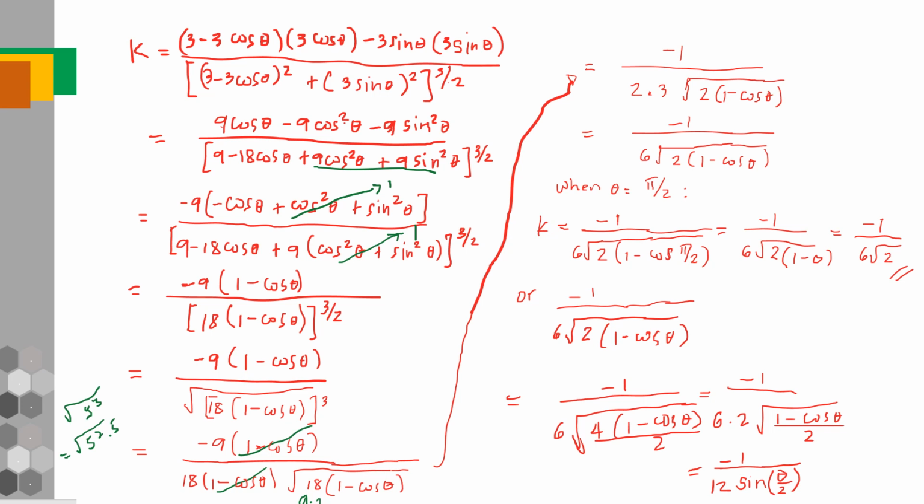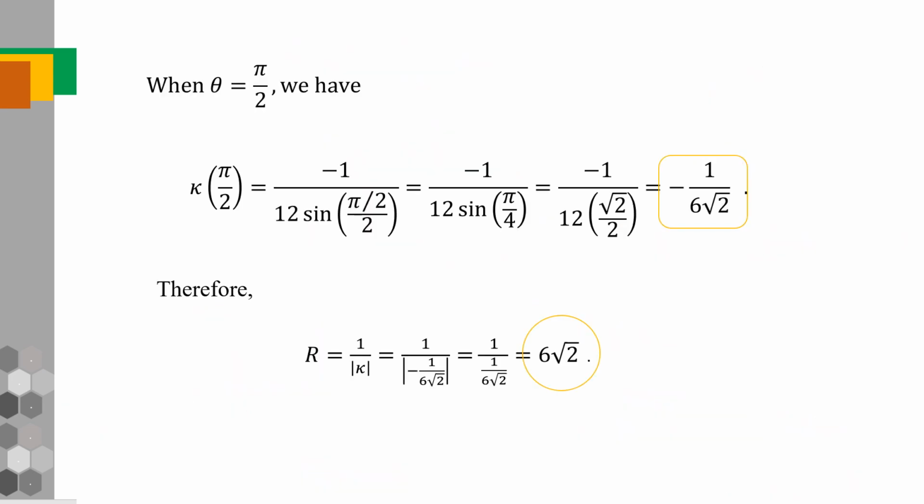Okay? So, ito, negative 1 over 12, yung sine ng theta of pi over 2, so magiging sine of pi over 4, so meron siyang square root of 2 over 2. So, meron tayong negative 1 over 6 square root of 2.